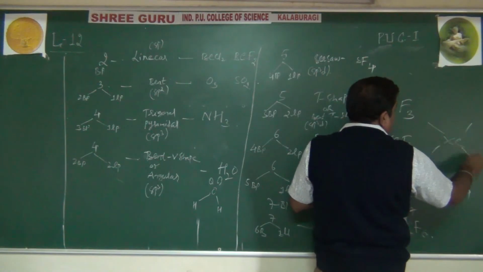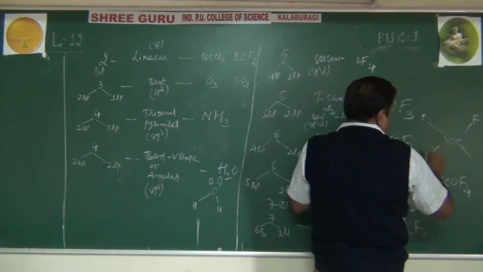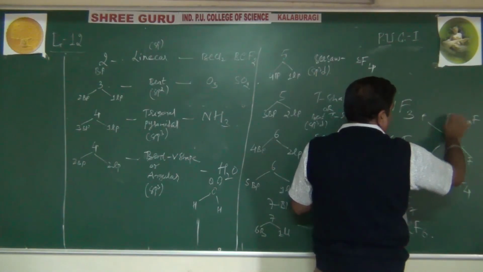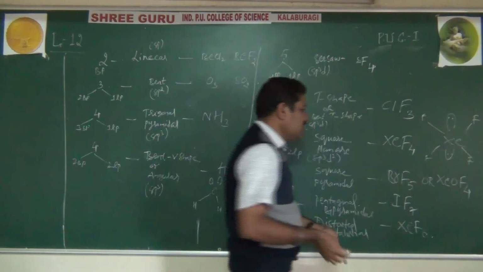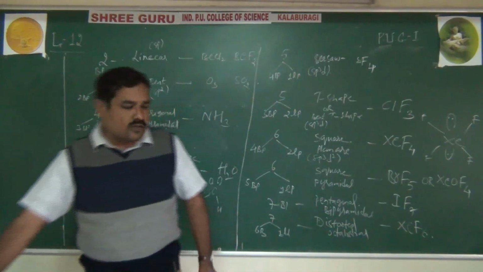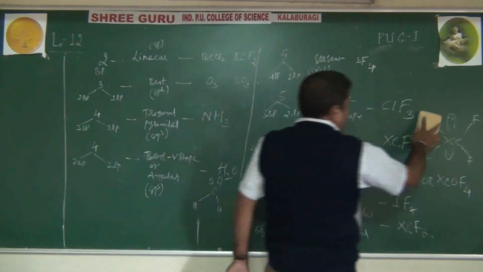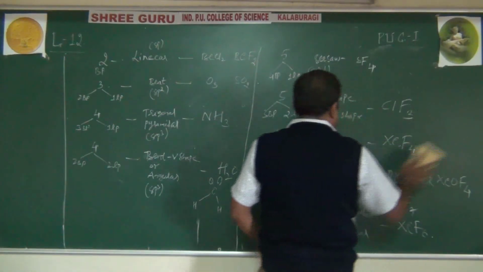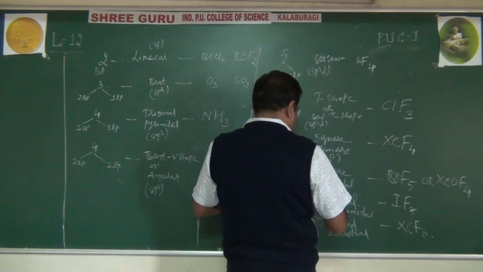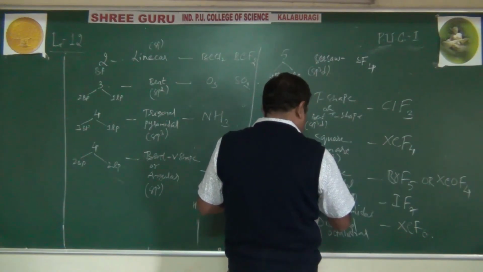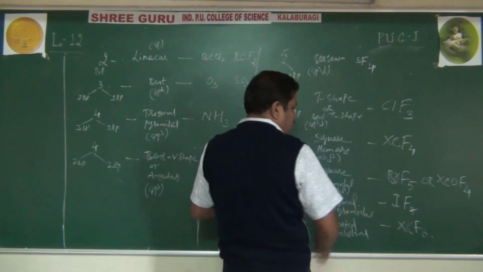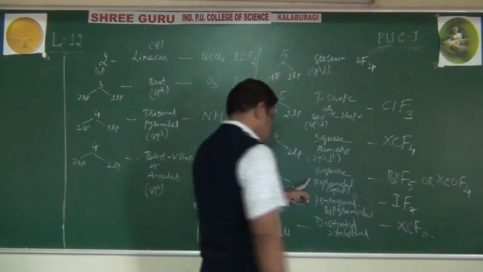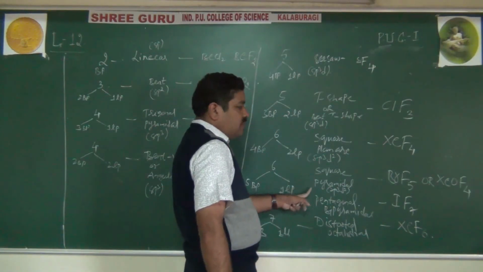Xenon: 1, 2, 3, 4. This is square planar, 4 bonding pairs, 2 lone pairs. Easy. Got it? No sir, there are 5 bond pairs, 2 lone pairs. 5 plus 1, 6, octahedral. Geometry expected, sp3d2 due to hybridization only. But it changes to square pyramidal.